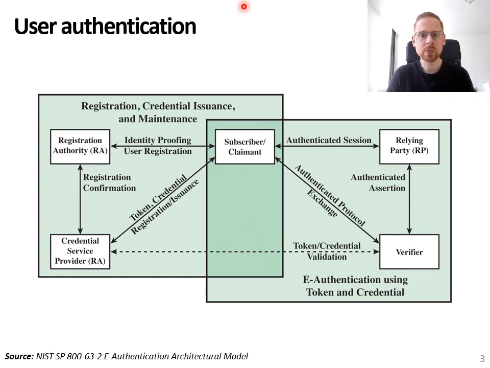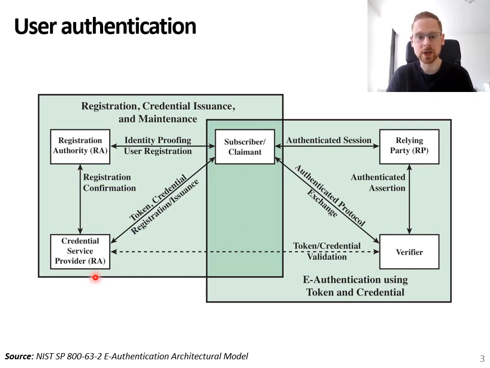So in the first step, the subscriber will prove their identity to a registration authority. This proof can be provided in the form of an email address or an electronic ID, and so on. Second, the registration authority will interface with the credential service provider to confirm the registration.